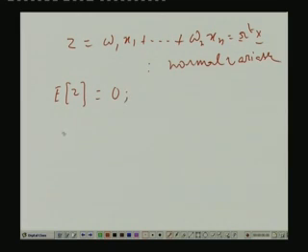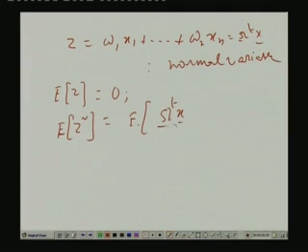And what is E of z square? That is the variance in this case, because it is a single variable. That is nothing but E of omega transpose x, and since it is a scalar number you can take its transpose, because a scalar number and its transpose are the same.